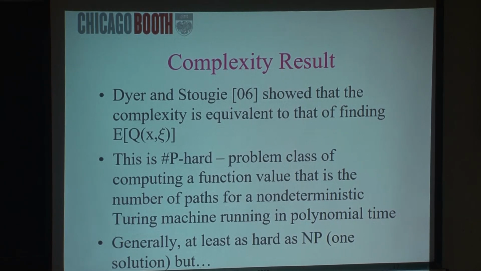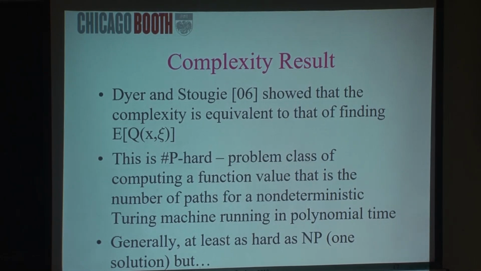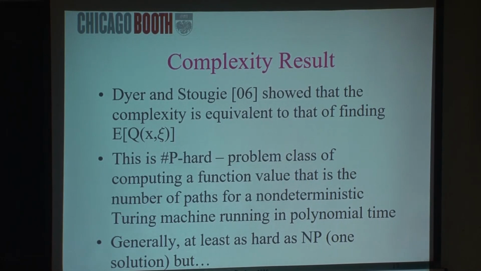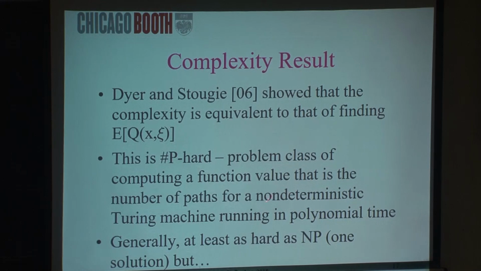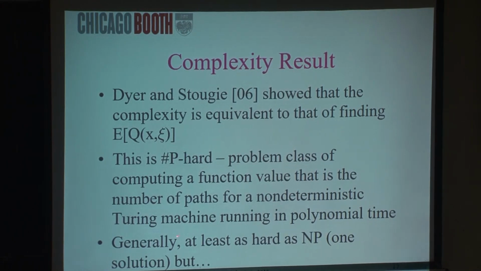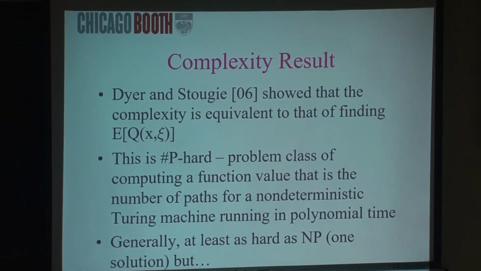Sharp P problems. Harder than NP. It's the problem class of computing a function value that's the number of paths for a non-deterministic Turing machine running in polynomial time.